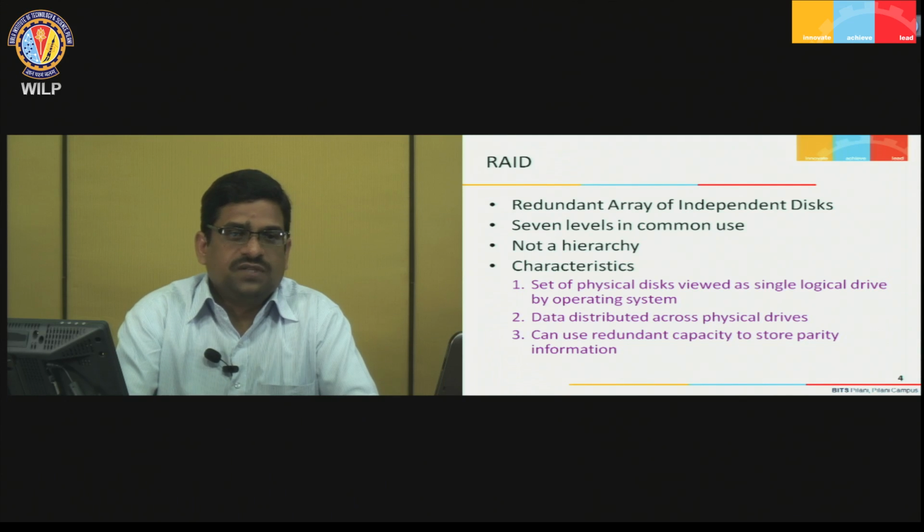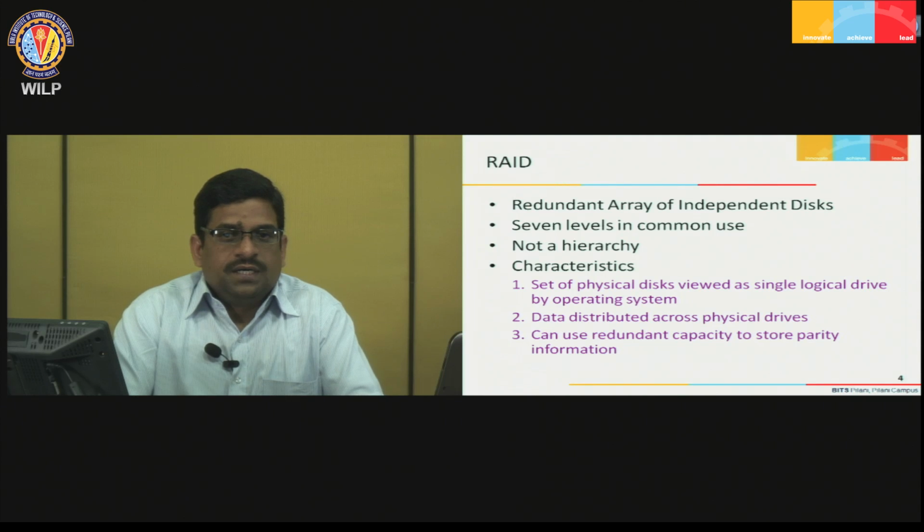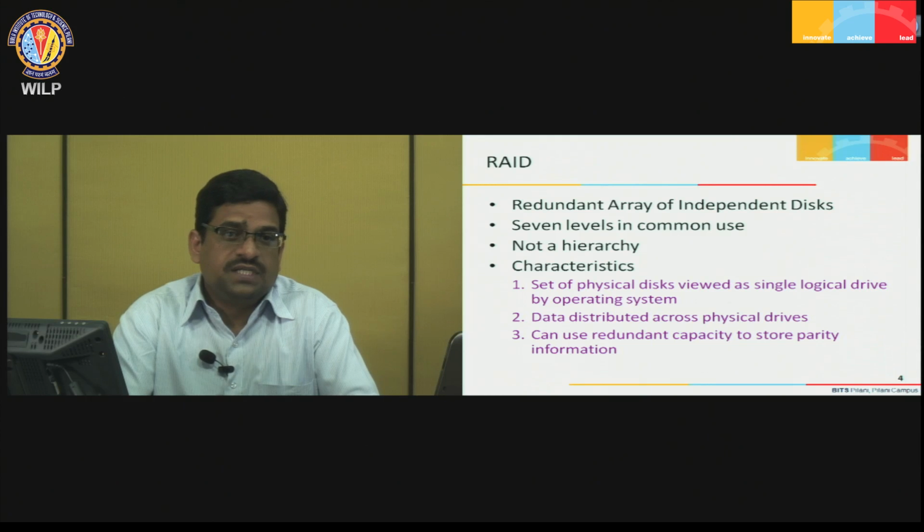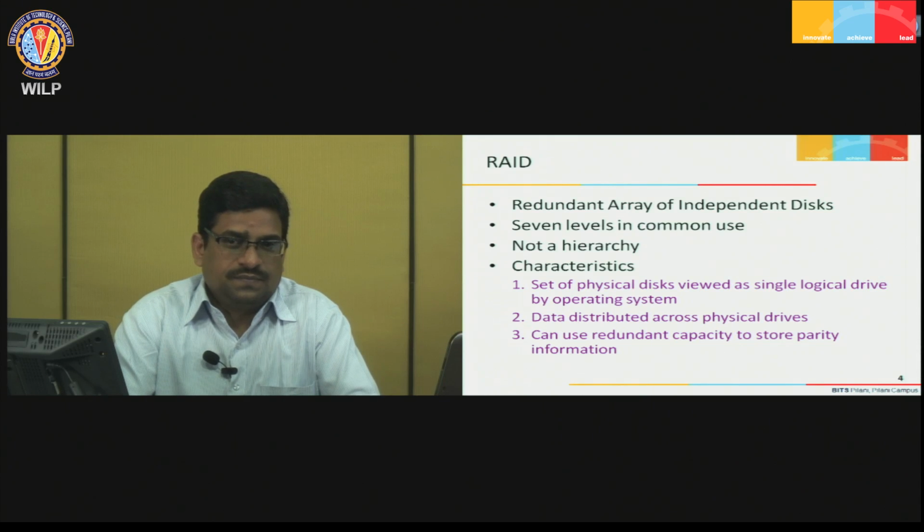So, the operating system visualizes this as one set of disk in a single chunk. Data is distributed across the physical drives, and each physical drive can be independently accessed. We can use redundant capacity to store the parity information, so that it provides reliability.